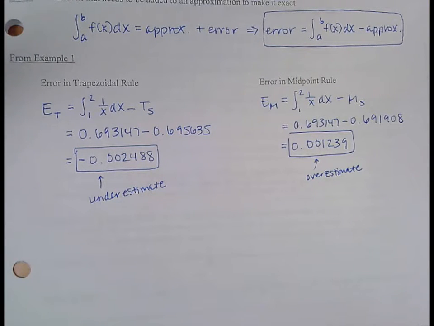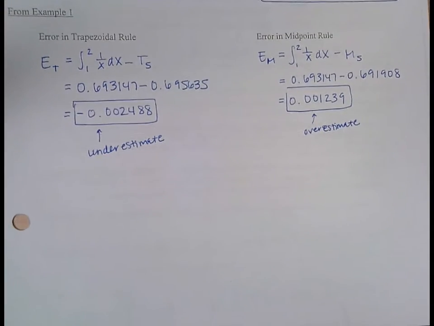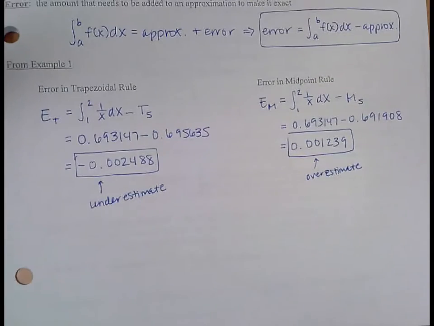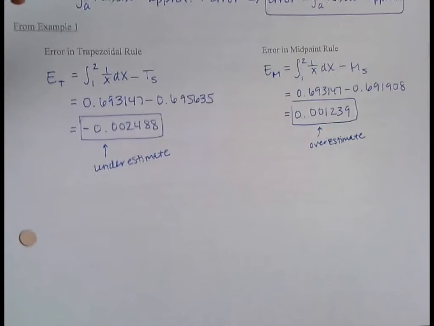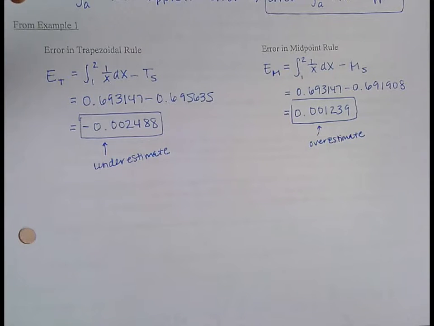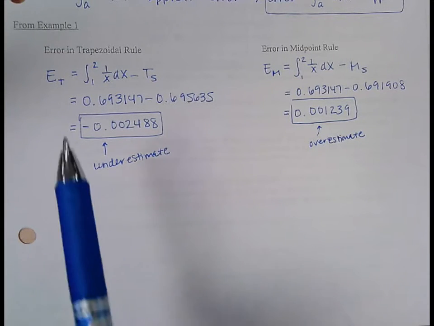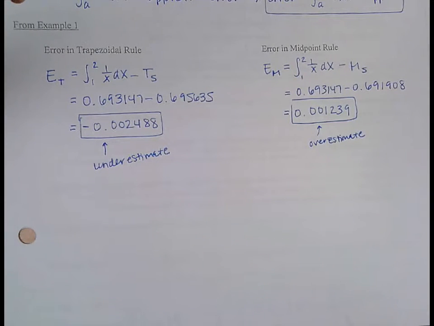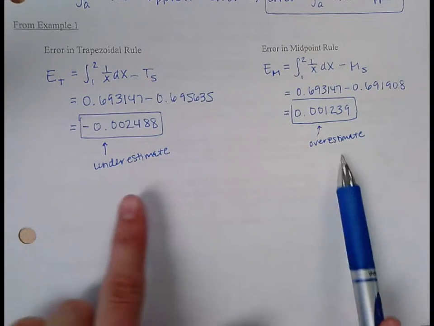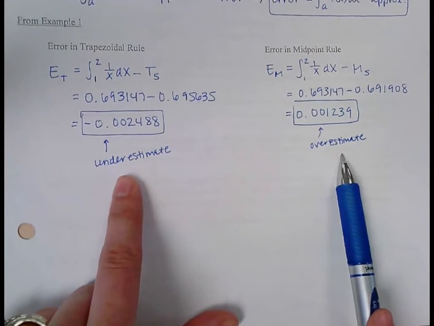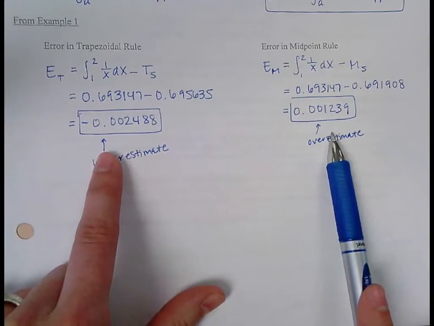Okay, so here's what you need to gather from this. Do you have to calculate errors on the AP test? No. This is what I want you to gather from this, and why I'm going through it. In some cases, you need to identify if the trapezoidal or the midpoint is an over or underestimate. What you should know is the errors are always opposites.